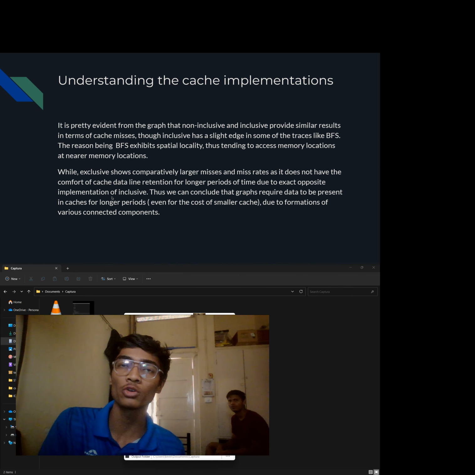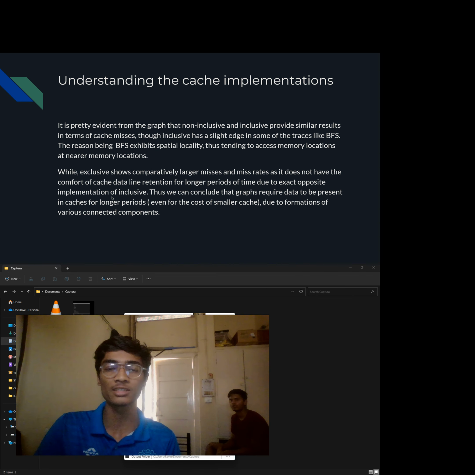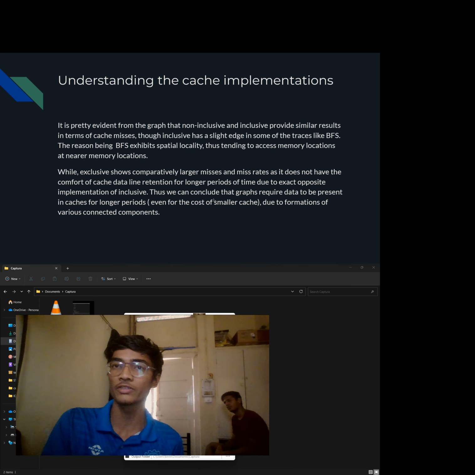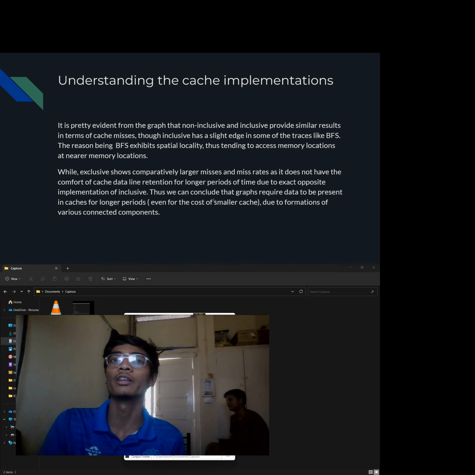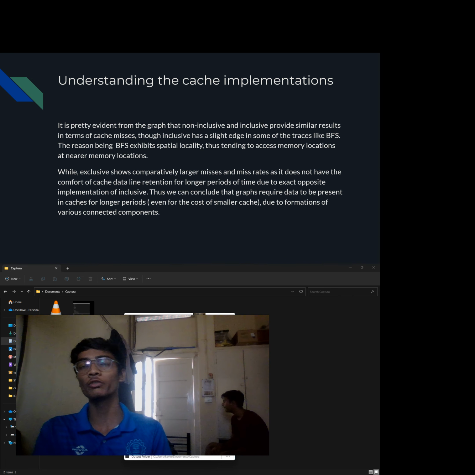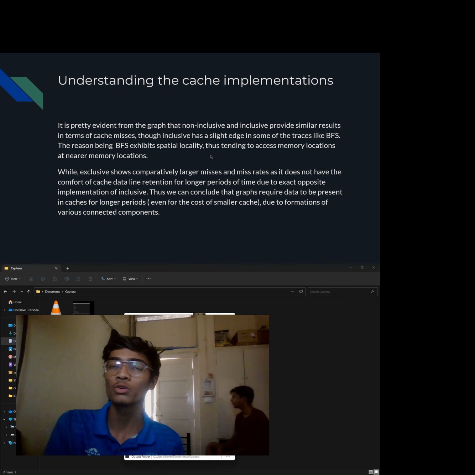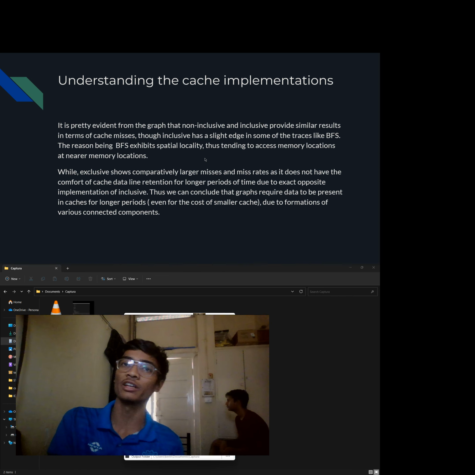As we could say, exclusive is exactly the opposite of inclusive. So at least with respect to BFS, it shows different results. But also with respect to other traces, we could say that in general graphs tend to have cache lines retained over a longer period of time.